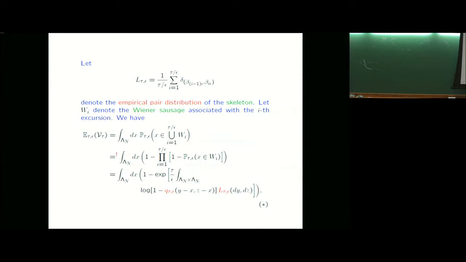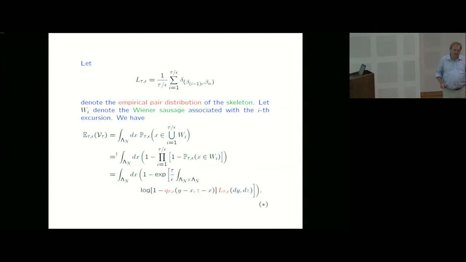And so the union of these Wiener sausages of the ith excursion is exactly my total Wiener sausage. So if x is in the total Wiener sausage, then I count, and otherwise I don't count. And indeed, that's how I get the average volume conditional on the entire skeleton.